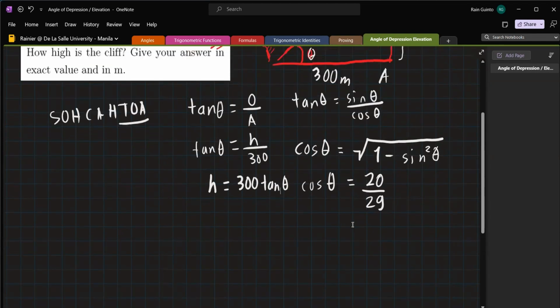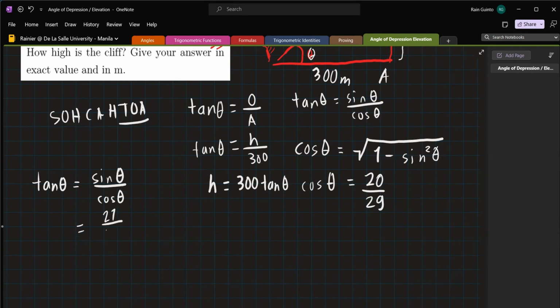But we don't know yet what tangent theta is, but we can solve for that using this, that tangent theta is equal to sine theta over cosine theta. And we already know both values. Sine theta, as given, is equal to 21 over 29, and cosine theta is equal to 20 over 29. We can just simplify it and get 21 over 20, and that's tangent theta.